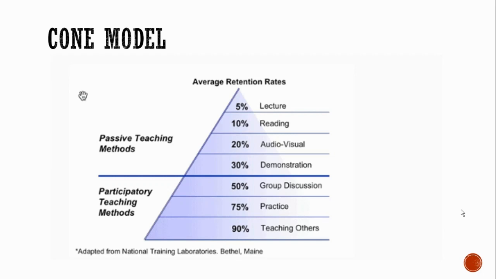So, just to remind ourselves about the CON model, you need to focus on active learning strategies that bring about higher retention rates of the information about the sessions.